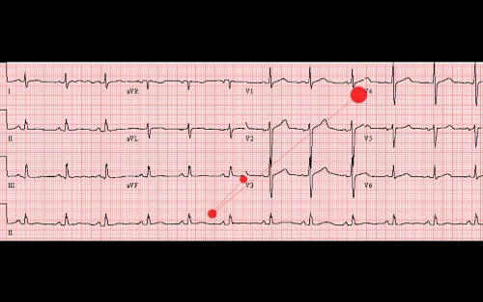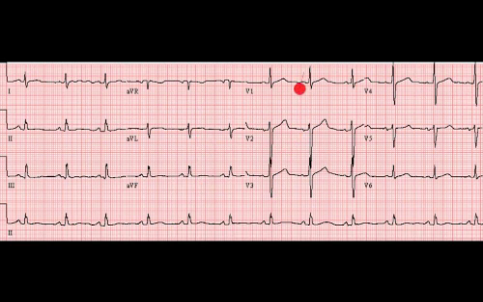Good. All right, now this is the umpteenth tracing that has an increased RS ratio in V1. And it has very little else going on in V1 to suggest right ventricular hypertrophy, and the axis is just plus 90, which is not really right axis deviation. So this is the differential diagnosis.